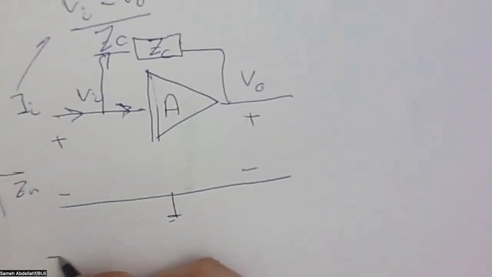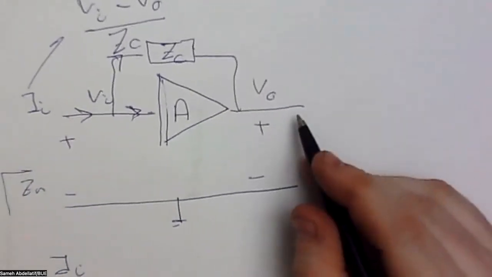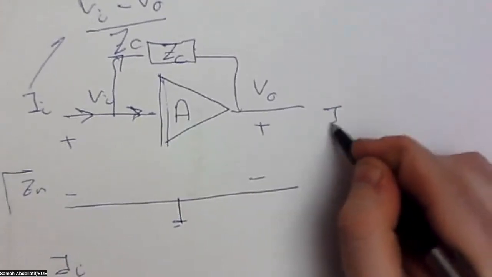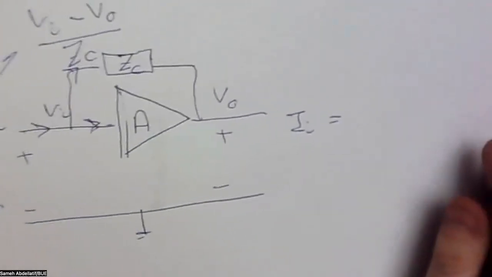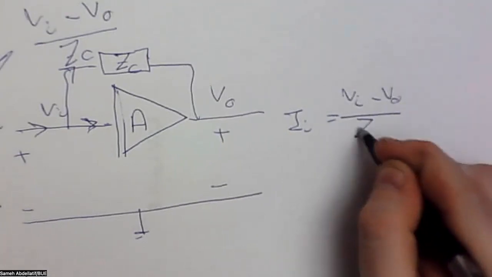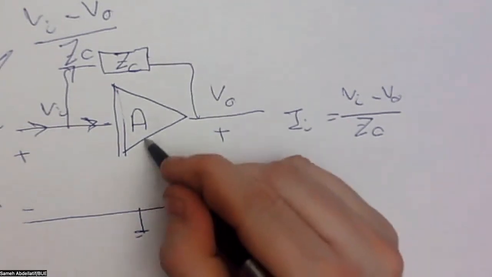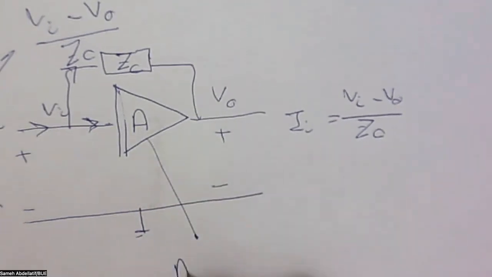So I input, let's write it on this side, it's more clear. I input equals V input minus V output over ZC. And as you know, A, which is the gain of the system, is V output over V input.